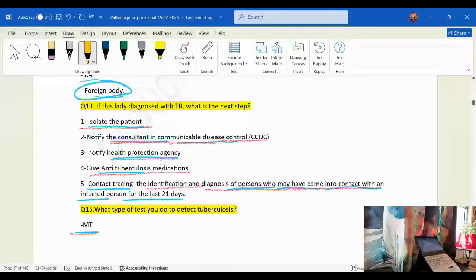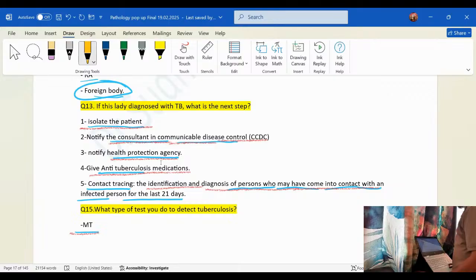Isolation of the patient, notify the consultant in communicable disease control, notify the health protection agency, start anti-tubercular medicine, and do contact tracing.